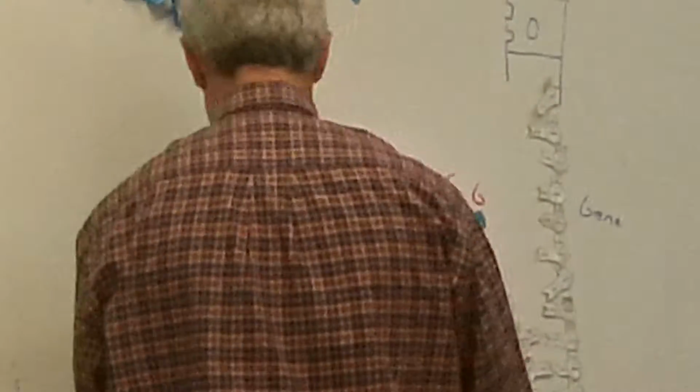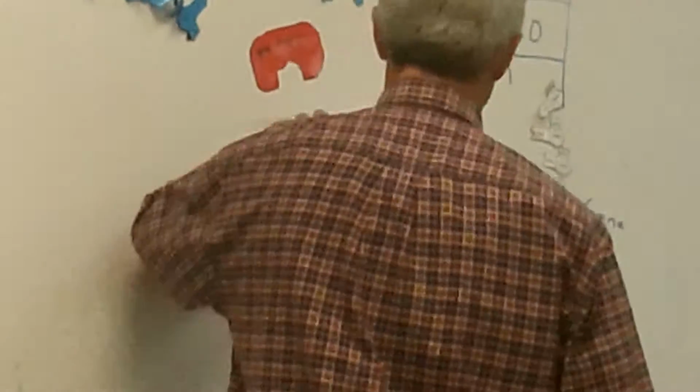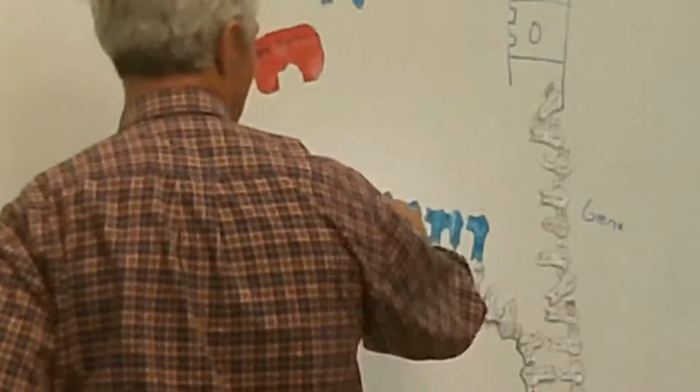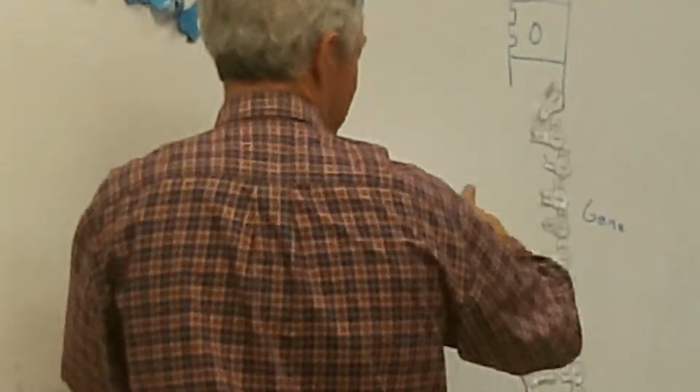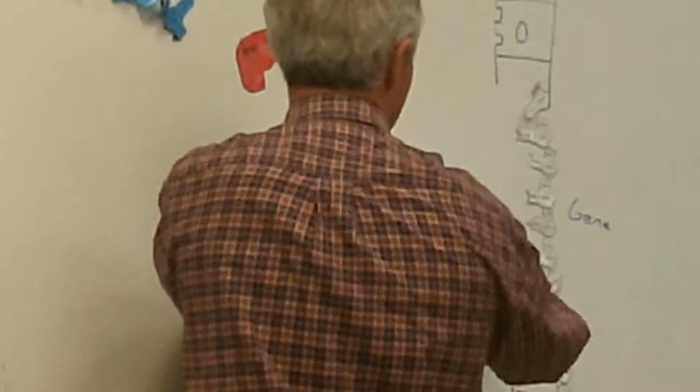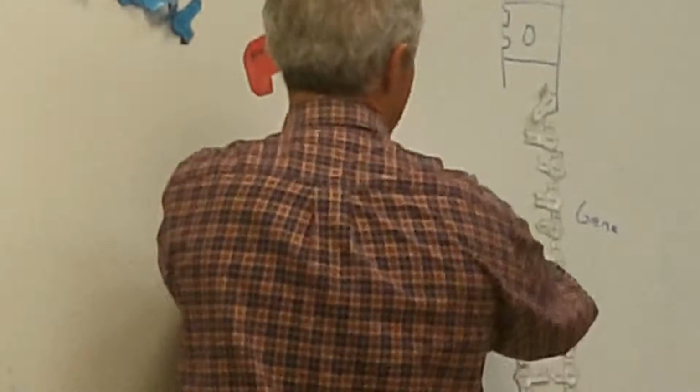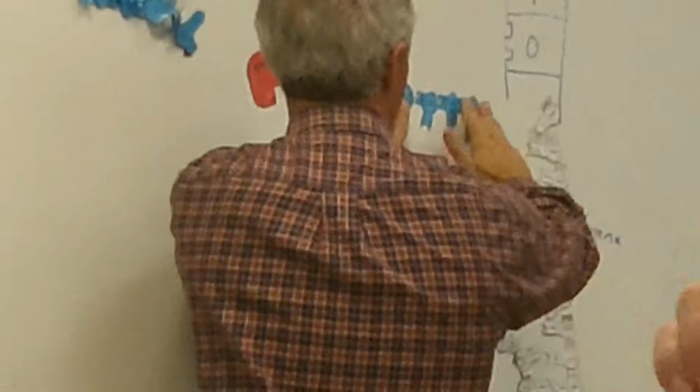So, afterwards, we've made the string of RNA. What do you call it? mRNA. Shout out. mRNA. And the mRNA breaks off and floats away, and the DNA closes back up.